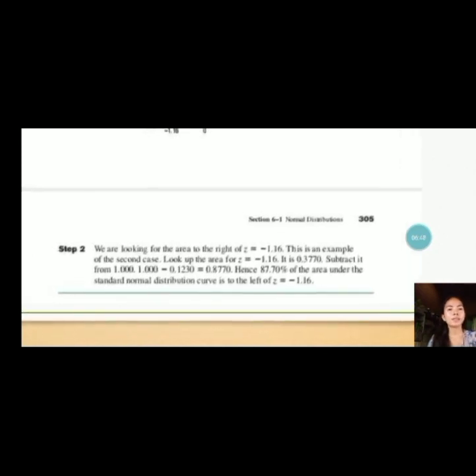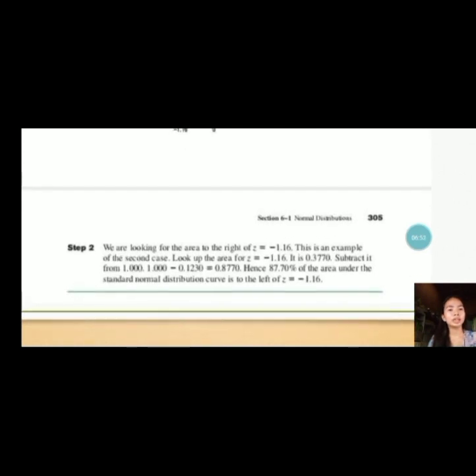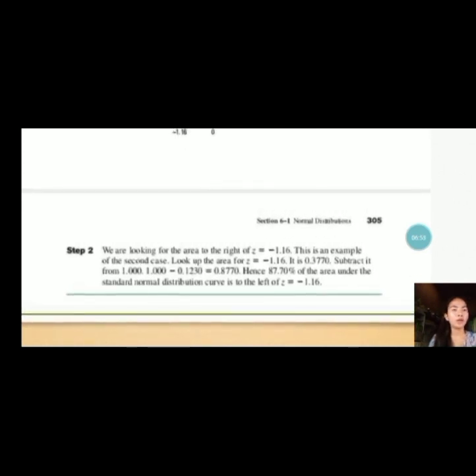And then, 1.00 minus 0.1230 equals 0.8770 or 87.70%. So, gin-total ang sa taas, 0.3770 ug ang kani, 0.1230.